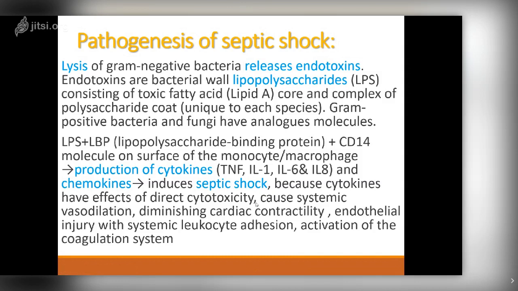And these cytokines provoke systemic vasodilation and direct cytotoxicity. All this results in vasodilation with pooling of the blood to the periphery with hypoxia of vital organs. They diminish cardiac contractility. They provoke overwhelming endothelial injury. They provoke adhesion of leukocytes and activation of the coagulative system.